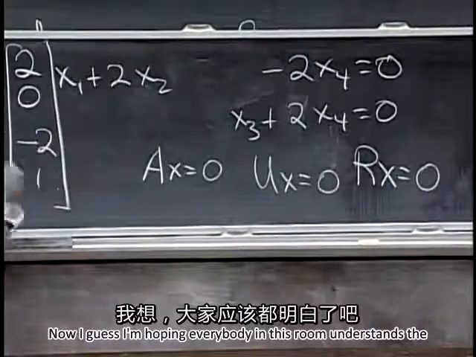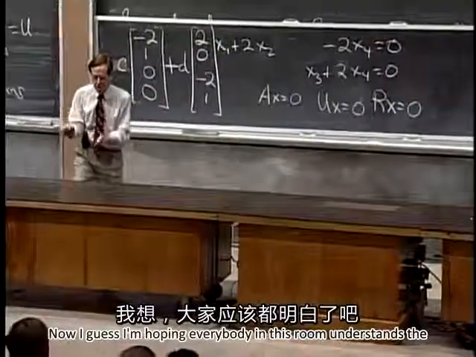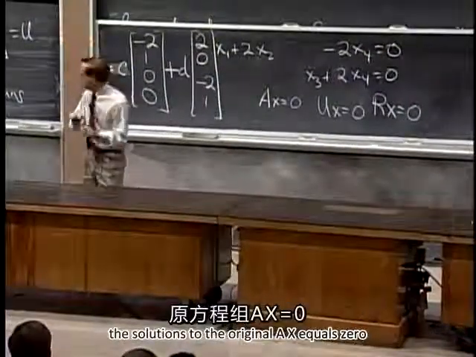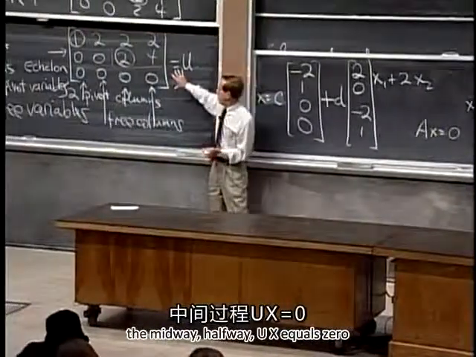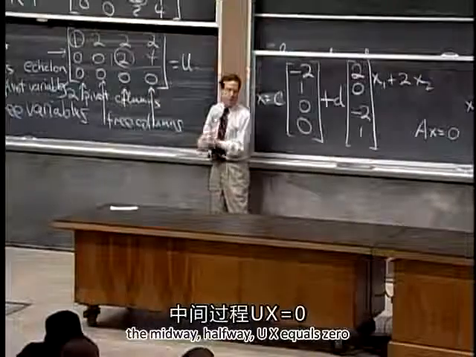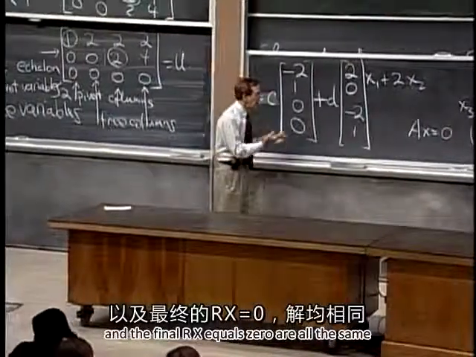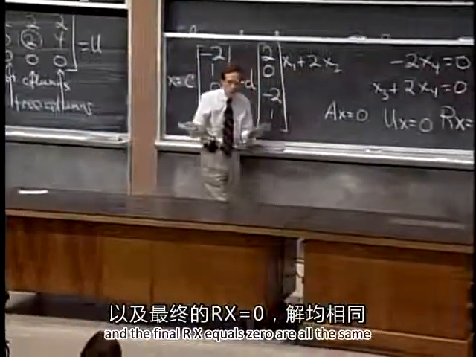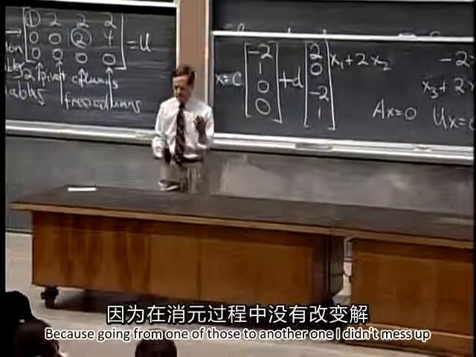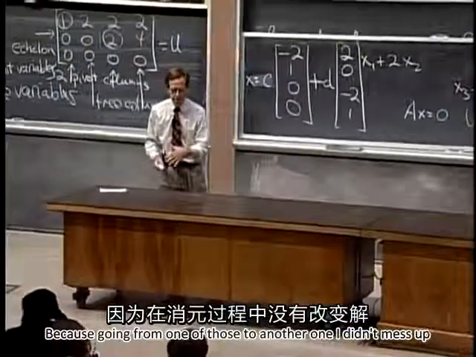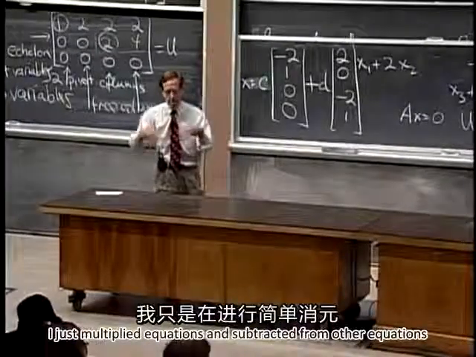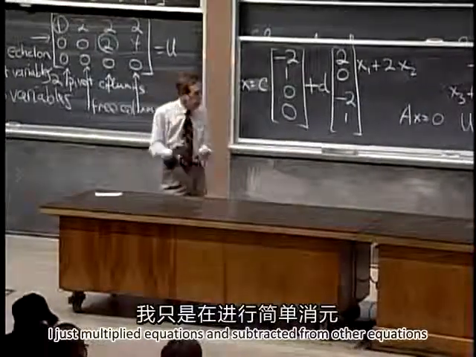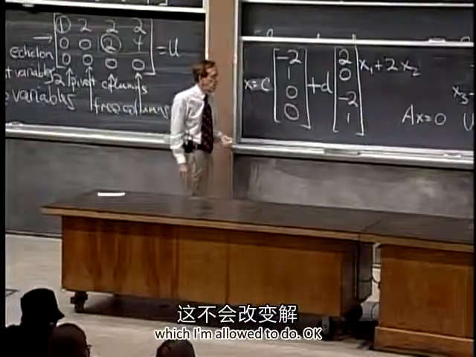Now, I guess I'm hoping everybody in this room understands. The solutions to the original Ax equals 0, the midway, halfway Ux equals 0, and the final Rx equals 0, are all the same. Because going from one of those to another one, I didn't mess up. I just multiplied equations and subtracted from other equations, which I'm allowed to do.